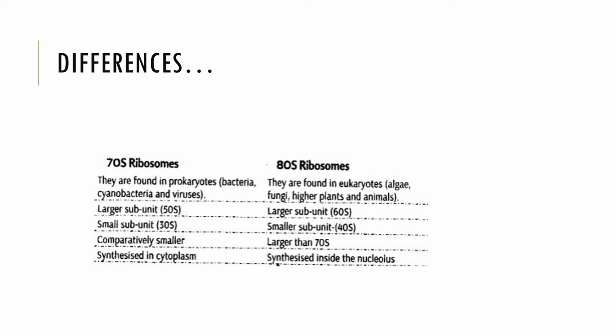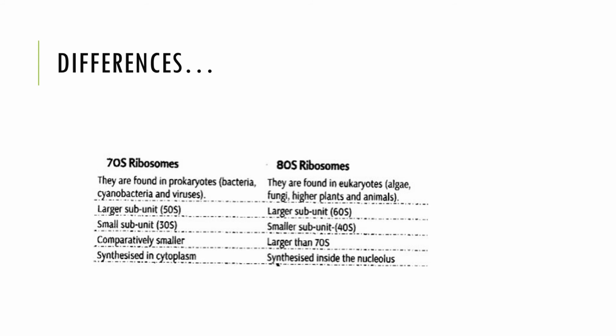You can see, 70S is found in prokaryotes as well as in plastids and mitochondria. It has a large subunit of 50S and a smaller one of 30S, and comparatively they are smaller and found in the cytoplasm.